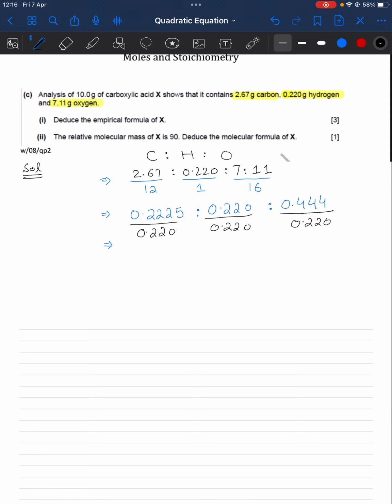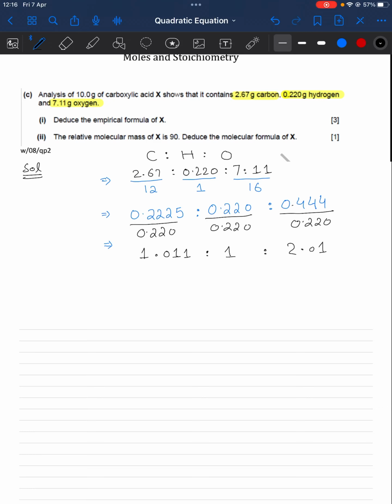So if we divide, we will get 0.225 divided by 0.220. So I get 1.011. This will be 1 and this will be 0.44. 0.44 divided by 0.220, so I get 2.01.